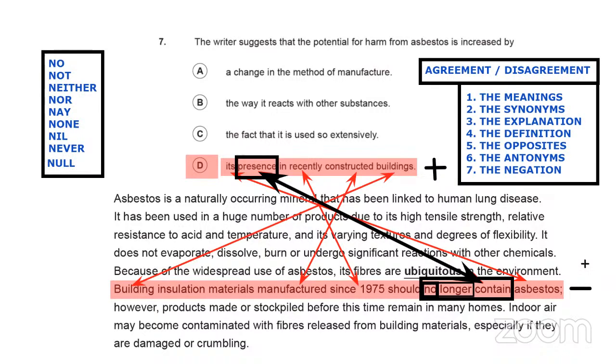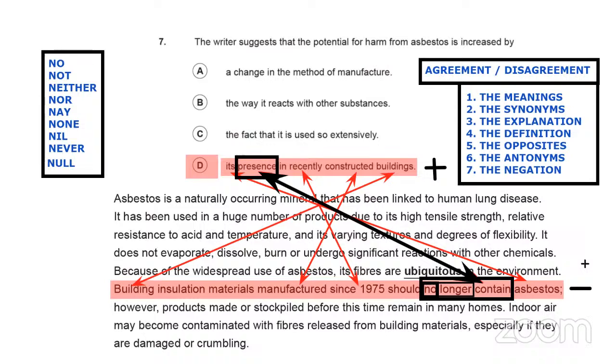For example, take one word: man. The synonym is human, or human being. Now, explanation means he'll give a detailed explanation.